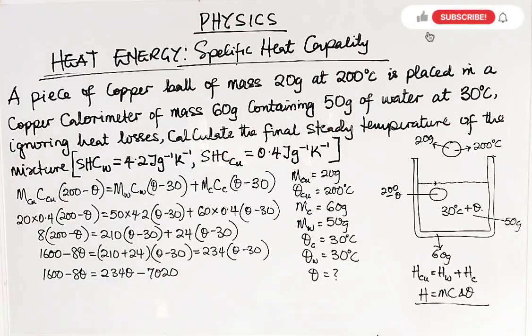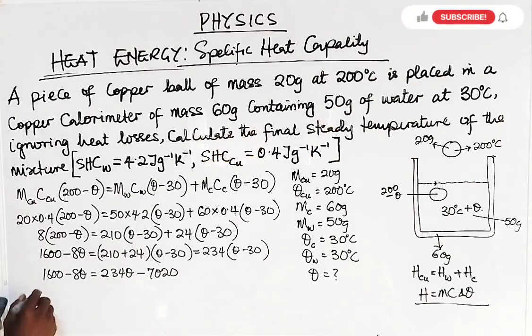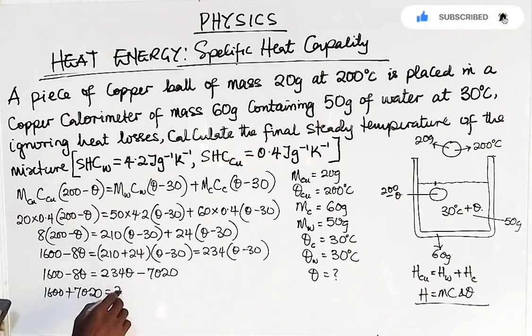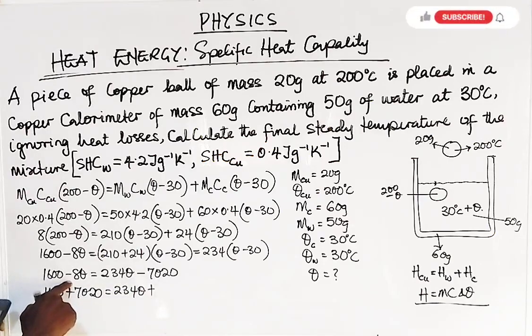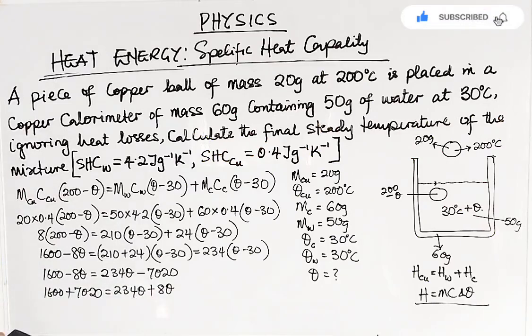Let us now collect like terms: theta for theta, whole number to whole number. Let's bring 7020 to the left hand side. We have plus because it has minus here. Then 8 theta is having minus here, as it moves across, it becomes plus. Let us now add plus 1600.